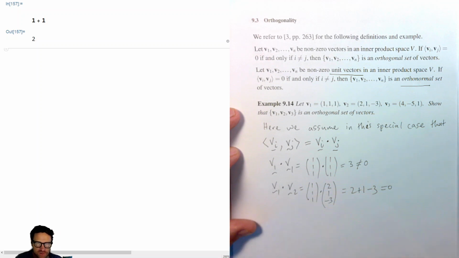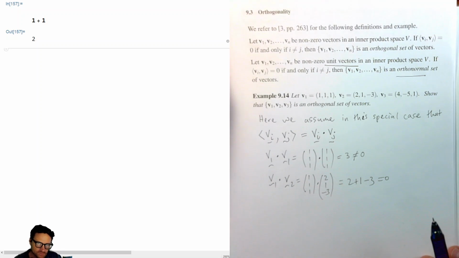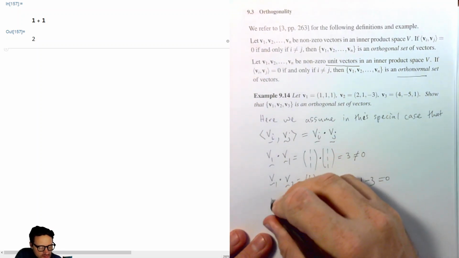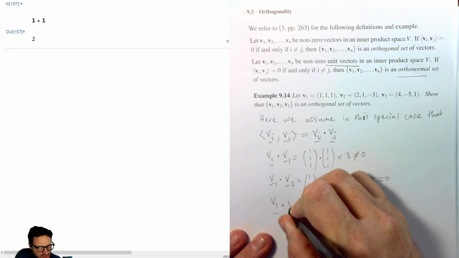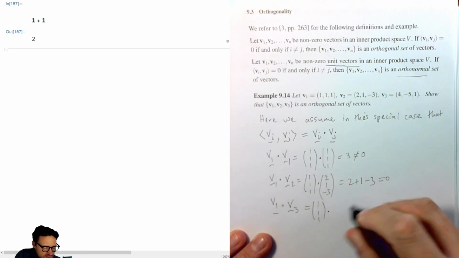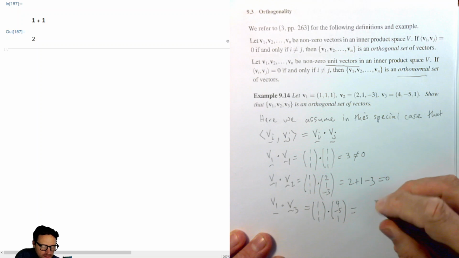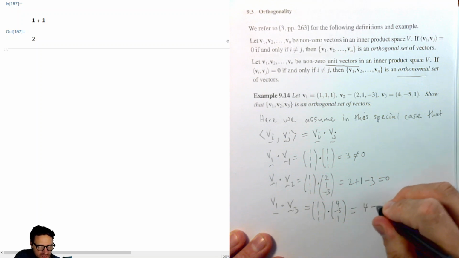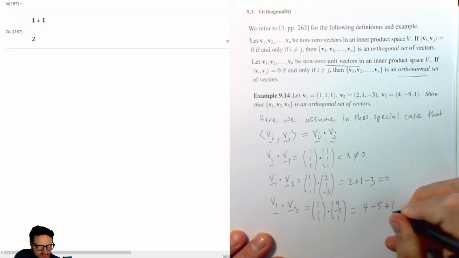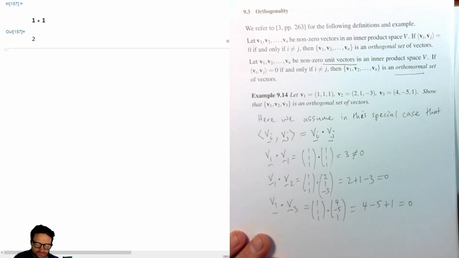So v1 and v2 are orthogonal to one another. v1 dot v3 is (1, 1, 1) dot (4, -5, 1), and for that we get 4 minus 5 plus 1, which is 0. So v1 and v3 are orthogonal.